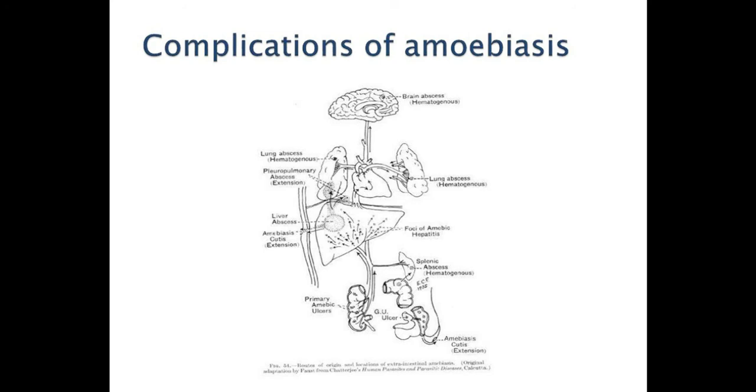So I already mentioned it can spread to other parts like this. This is another picture showing different areas of spread: lungs, brain, liver, spleen, the colon, the pleural spaces. So you can see this was already discussed before.